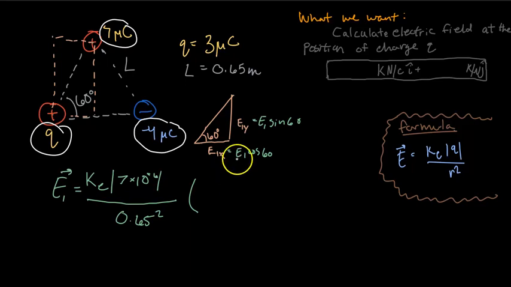So for the x it will be cosine 60, and it'll be a negative cosine. And then we will add our sine 60.